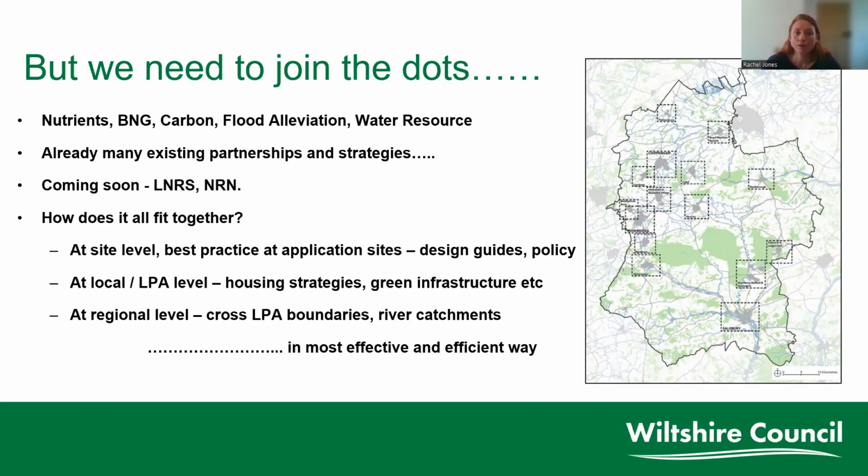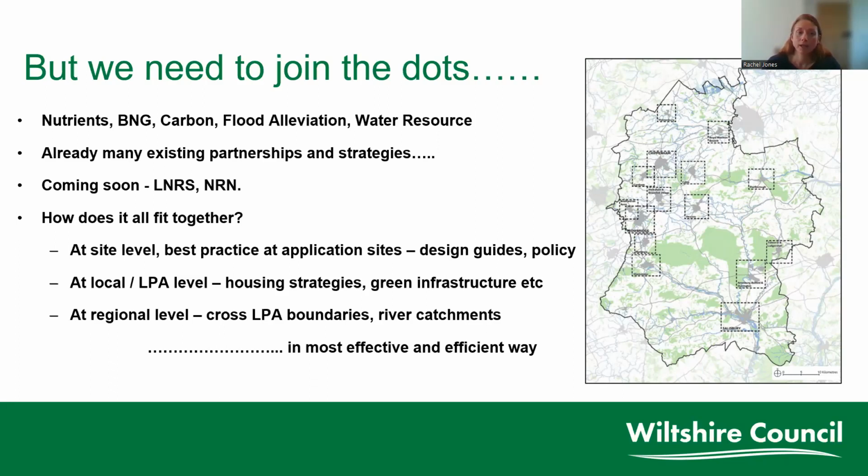So we've got lots of different elements of environmental planning that are important to consider more holistically, both at site level in terms of getting best practice, and at the local plan, LPA level, looking at the different strategies that can come forward for green infrastructure and where houses should be delivered.